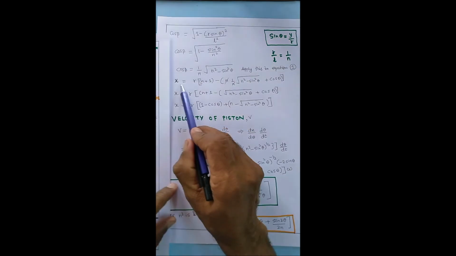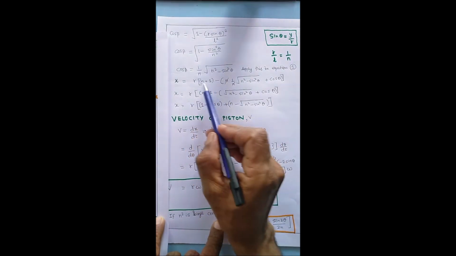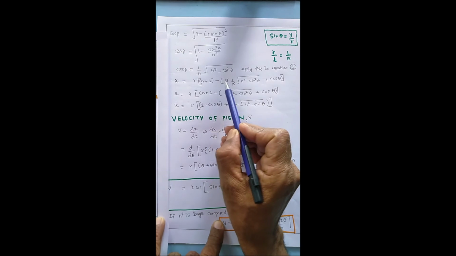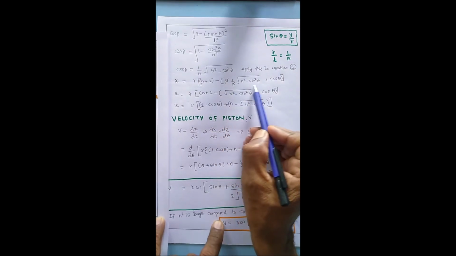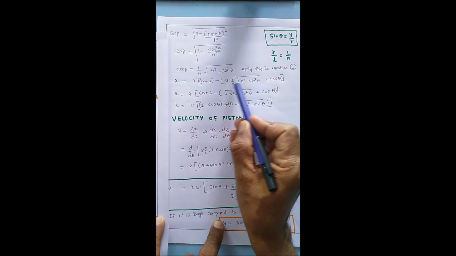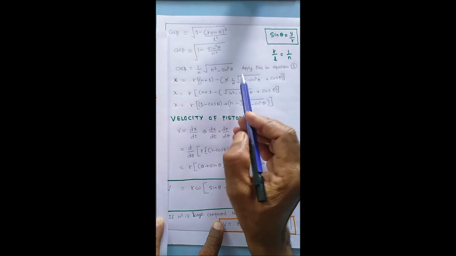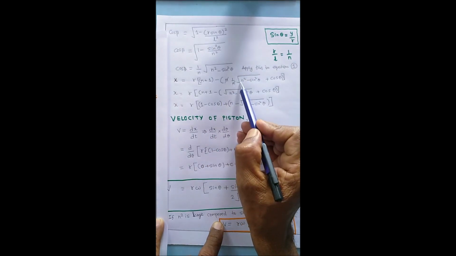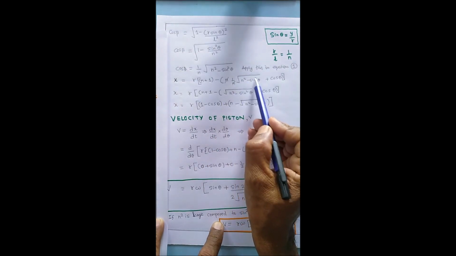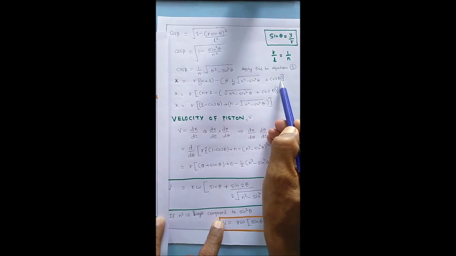So x is equal to r into (n plus 1 minus n into this value instead of cos beta, that is 1 by n root of n squared minus sin squared theta, plus cos theta).